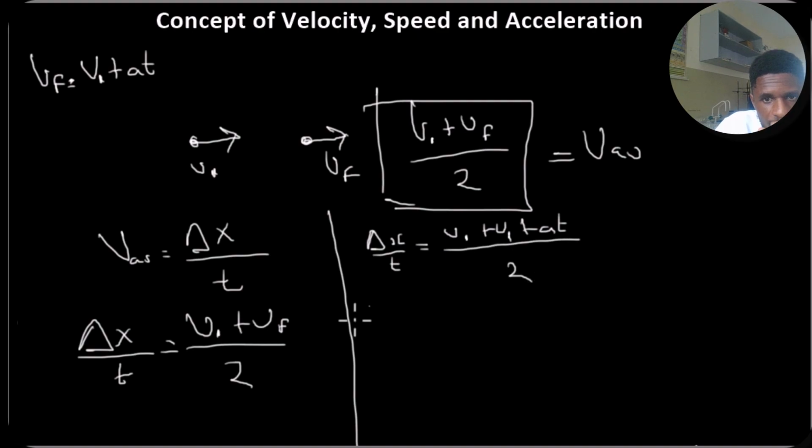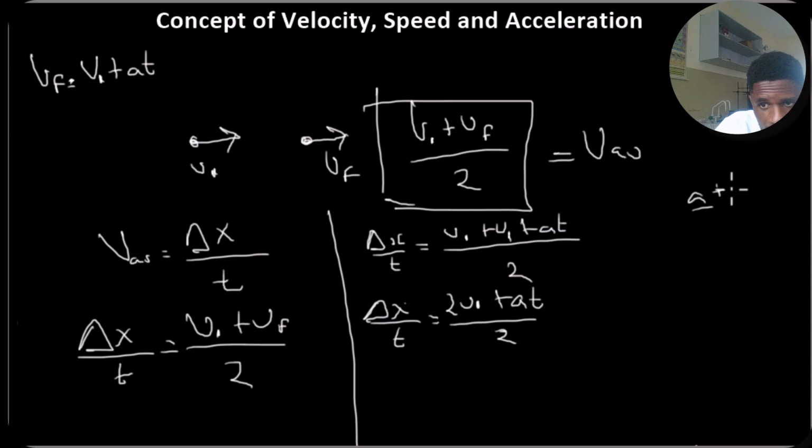Now vi plus vi, that simply gives us delta x over t equals 2vi plus at over 2. I can separate these quantities. Remember, for mathematics, when you have a plus b all over c, that is simply a over c plus b over c. So that's what we want to do in this scenario.